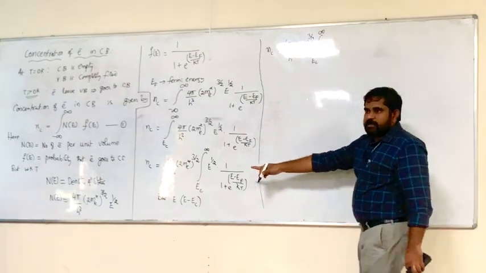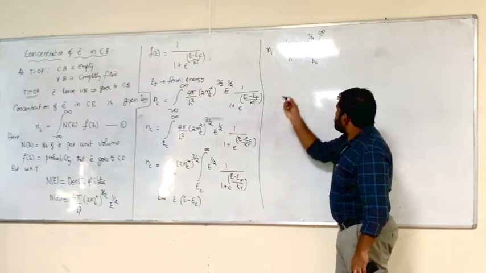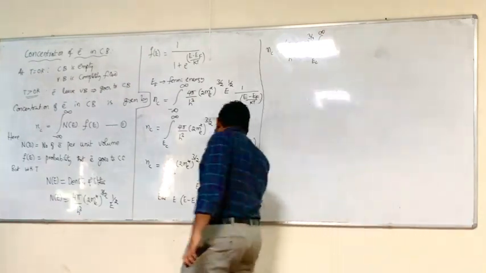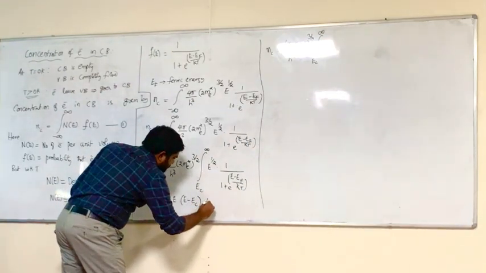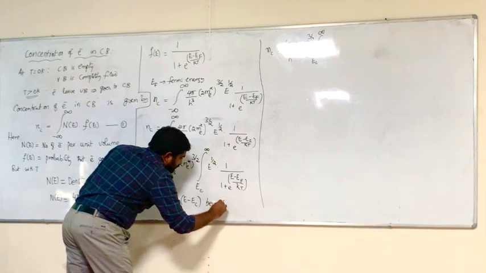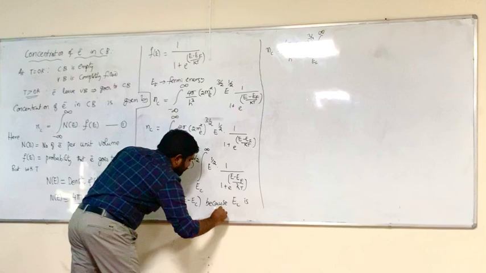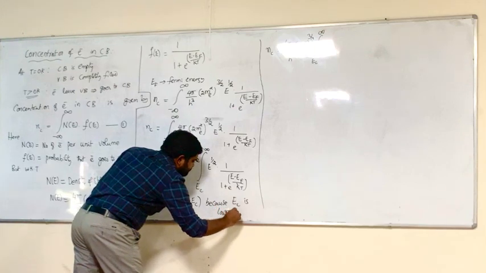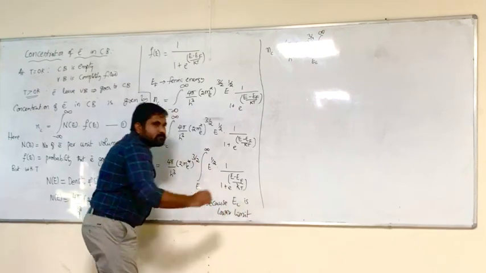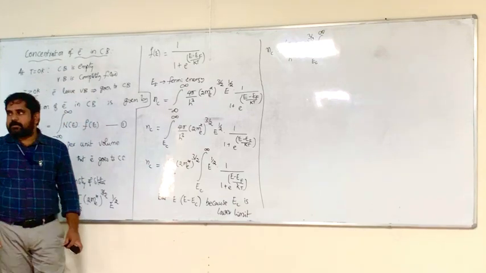Then instead of E, we are writing E minus Ec. Why are we writing this? Because Ec is the lower limit of the conduction band.